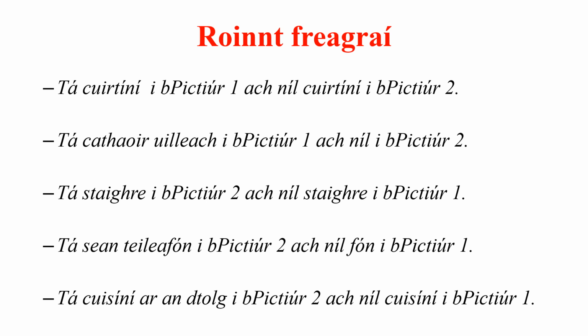Tá cuisíní ar an tolg i bpictiúr a dó, ach níl cuisíní i bpictiúr a haon. There are cushions on the couch in picture 2, but not in picture 1.